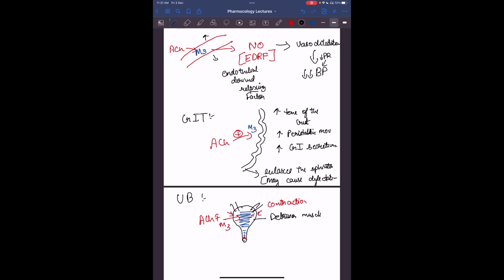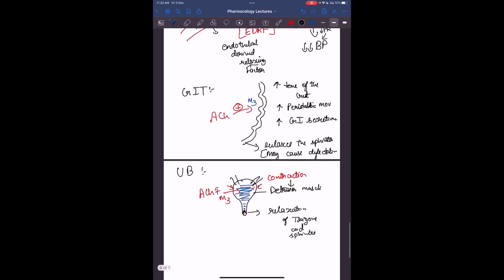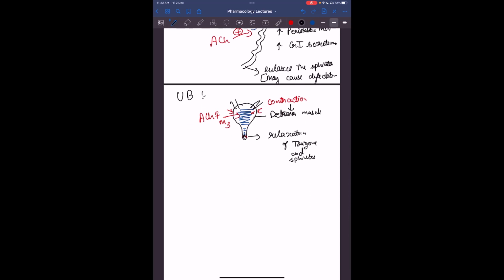Contraction of the detrusor muscle and relaxation of the trigone and sphincter causes urination.